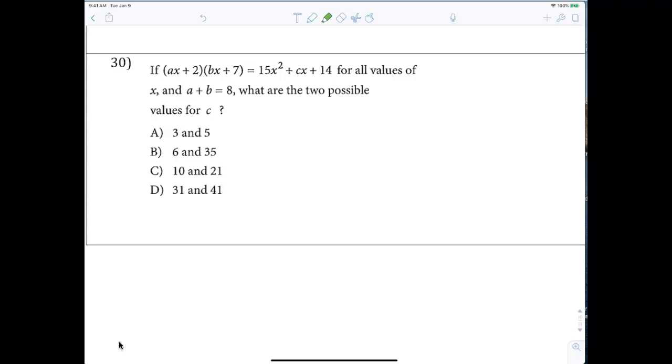Sam, you think you know? Somebody else. A. So far I have an A and a D. Bo, why don't you work on the problem and you won't have to guess? Everyone grab an answer and we'll see if we're right. One more.